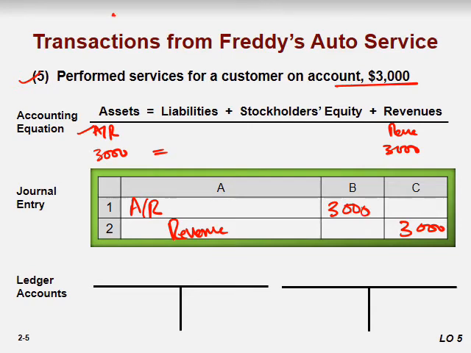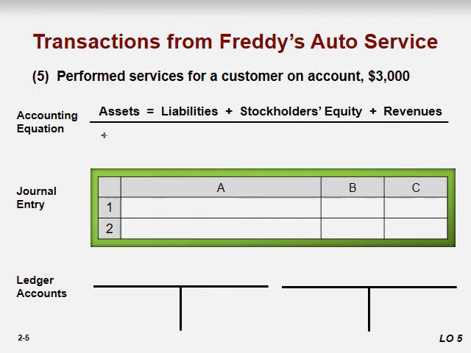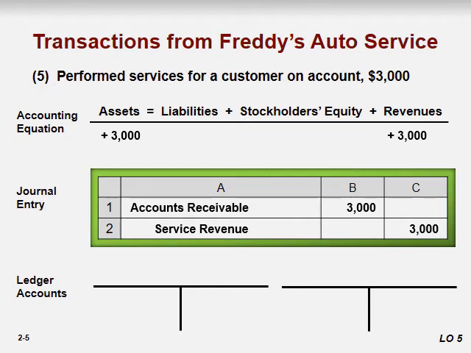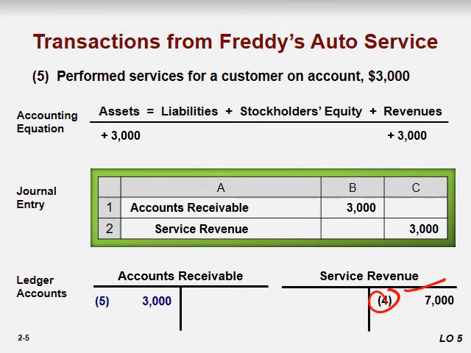We know that the revenue is already in our transaction 4, 7,000, and new revenue is 3,000, right? But accounts receivable, we don't have a previous balance, so the balance is just copied here, debit side, right? Here it is.